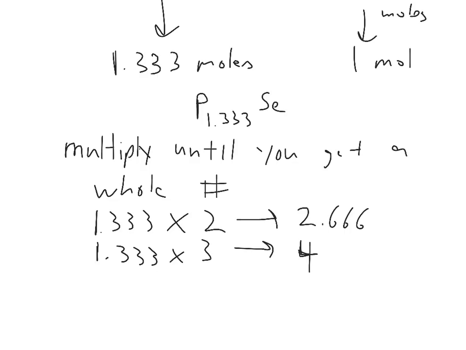So the proper formula for this compound would be P4Se3. Again, why that is 3, we have to multiply both the numbers above by the whole number that gives us a whole number. 1.33 times 3 is 4. 1 times 3 is 3. That's how you go about solving that type of problem.